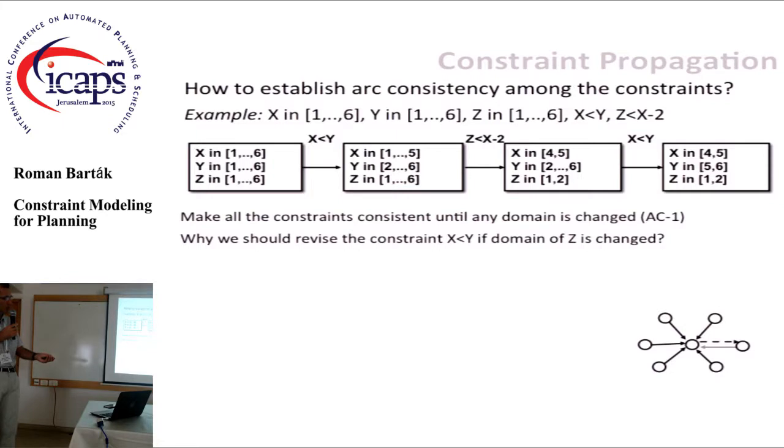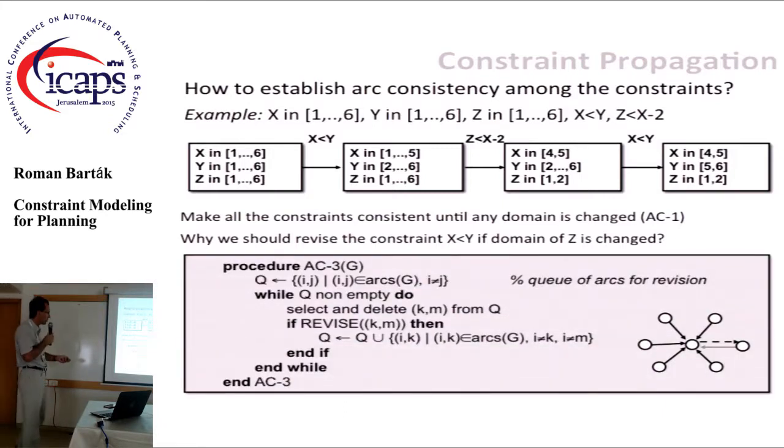With one exception: the domain of this variable has been changed by some constraint, so we don't need to revise the constraint in the reverse direction, because it will not prune the domain of that variable, right? No value here lost its support in this variable, so we don't need to verify this constraint.